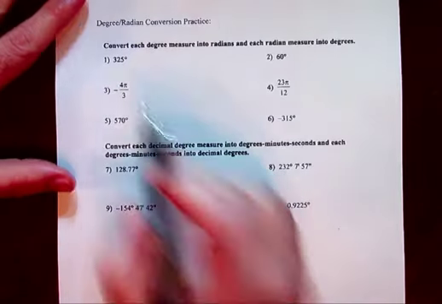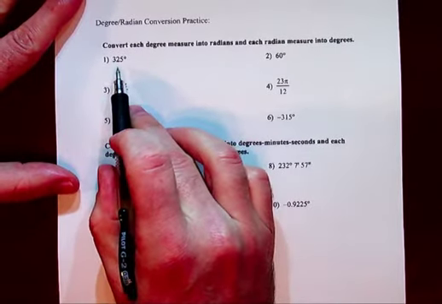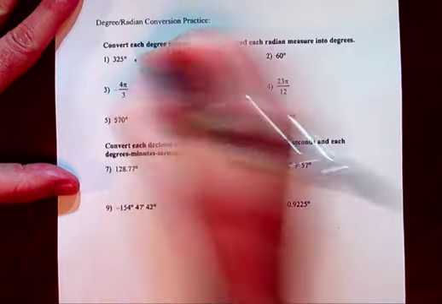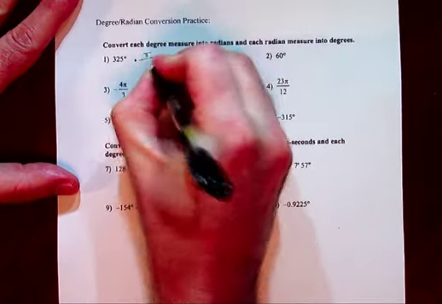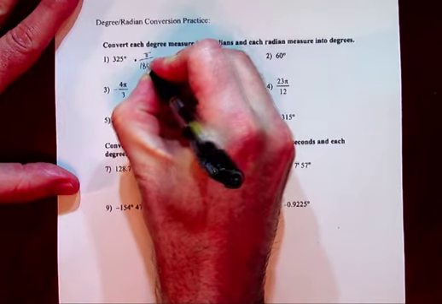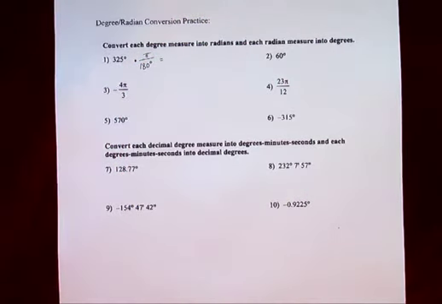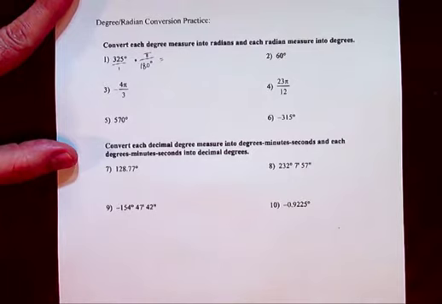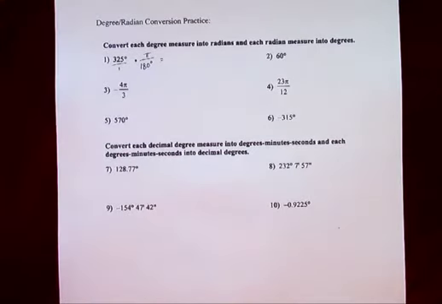Okay, first things first, we have 325 degrees. That means that I'm going to multiply by pi radians over 180 degrees, because degrees here and degrees there will cancel, right? Because 325 is basically 325 over 1. Now, if we have 325 and 180, we ought to be able to reduce that in our head, but I'm not going to deal with that right now.